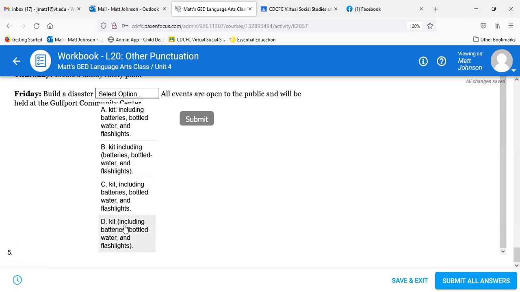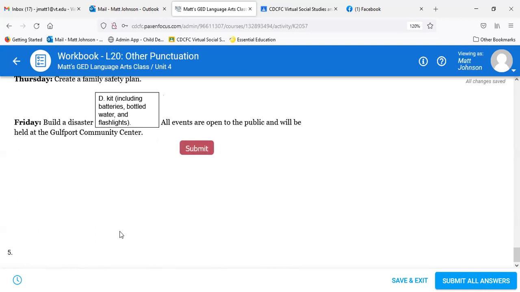So we're going to use the parentheses. The one option they didn't give us here that would also have been correct is if we had said, build a disaster kit, including, then we could have used the colon and set out the rest of those items in a list. Here, though, they said build a disaster kit, parentheses, including batteries, bottled water, and flashlights. Remember, parentheses at the end, and then the period.